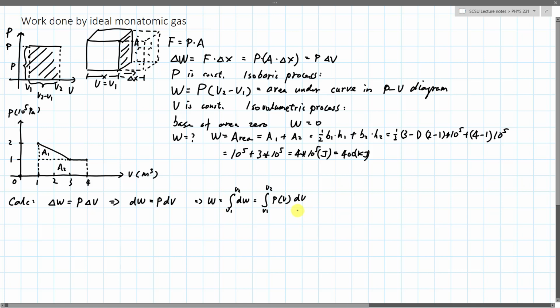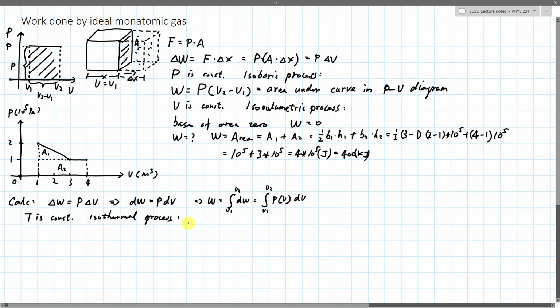So we'll use a specific process to demonstrate how this can be used. So this process we'll use, say, T is constant. So isothermal process. Iso and thermal, so the temperature is constant.